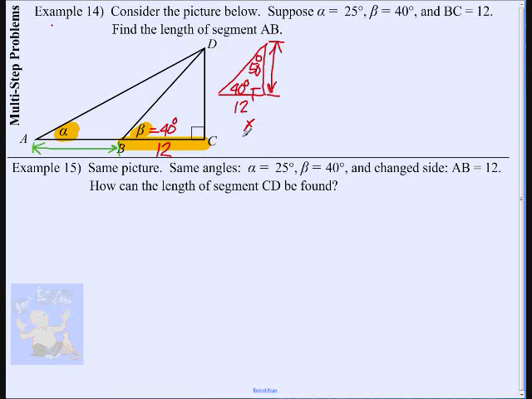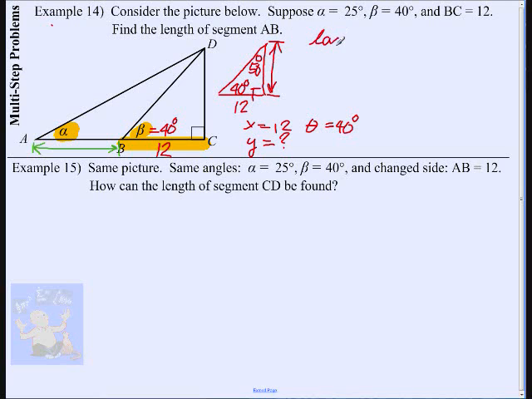Try it again. X equals 12. Y is unknown, and my angle theta equals 40 degrees. So what ratio can I use that uses just x and y?